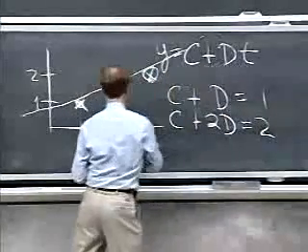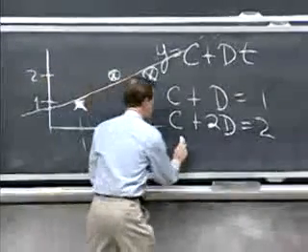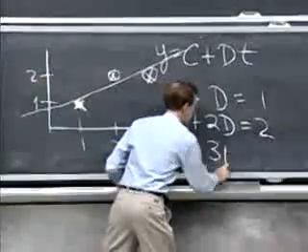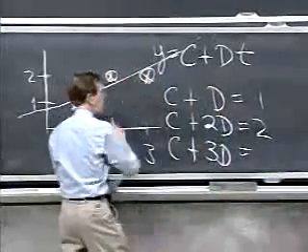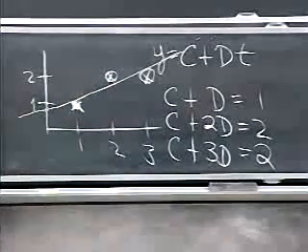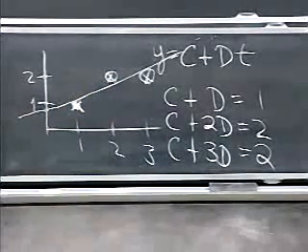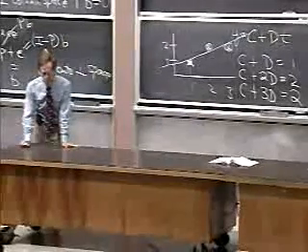Because at t equal to 2, I would like to get the answer 2. At the third point, I have C plus 3D, because t is 3, but the answer I'm shooting for is 2 again. So those are my 3 equations. And they don't have a solution. But they've got a best solution.